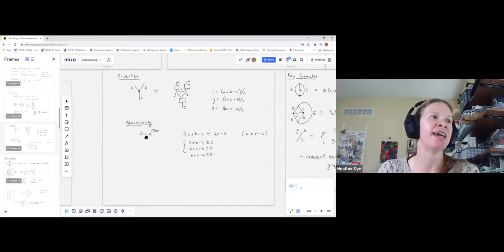So we let our A equal e to the i pi over 2r, where r is the number that we select and fix. Because if you take powers of this, eventually you cycle back around, we get some admissibility conditions, right?